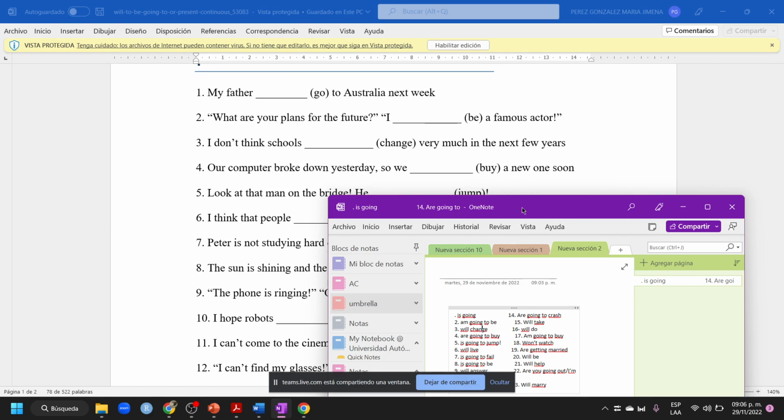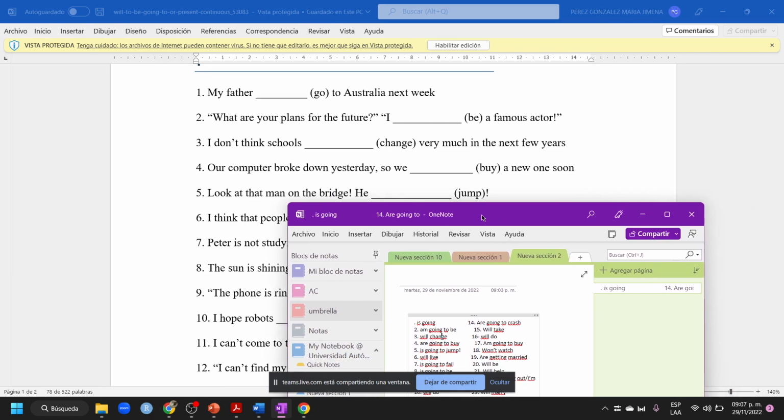Entonces, si tenemos la siguiente que dice comprar, nosotros comprar una nueva pronto, soon. ¿Cuál sería el tiempo verbal correcto? ¿Presente continuo o presente o el going to para futuro? Going to, porque lo piensan hacer pronto. Es una decisión.